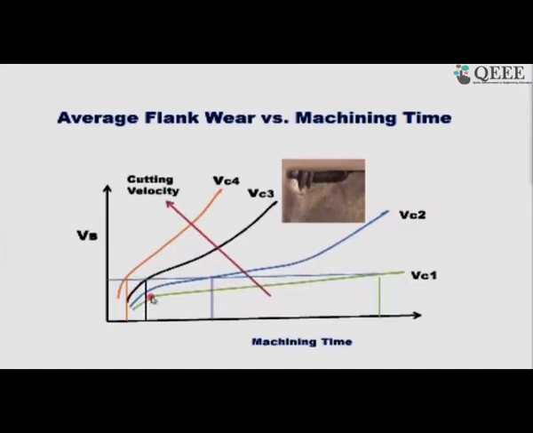And you see, this is our observation, this is not just a hypothetical one: with increase of speed, temperature also rises, and that leads to diffusion, thermally sensitive wear, and because of that the wear rate is so high. Now, we can find that this curve is shifting.